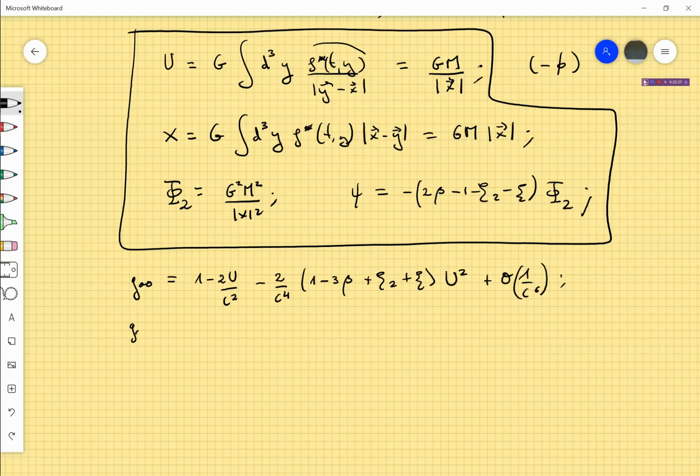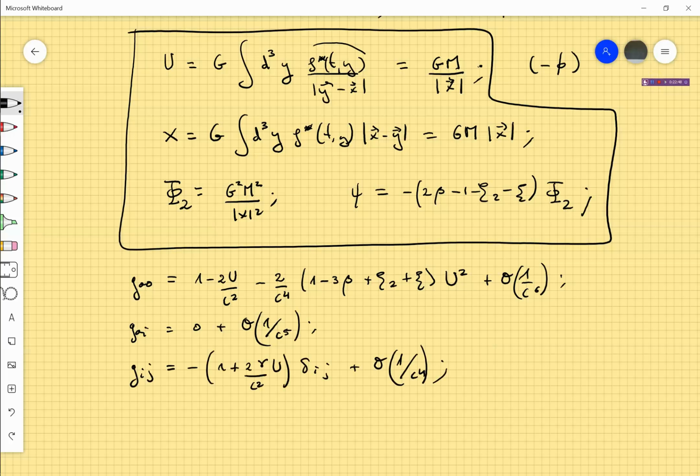G0i is 0 to this order, so it's 0 plus terms of order 1 over c^5, and Gij is minus 1 plus 2 gamma divided by c squared u delta ij plus terms of order 1 over c^4.